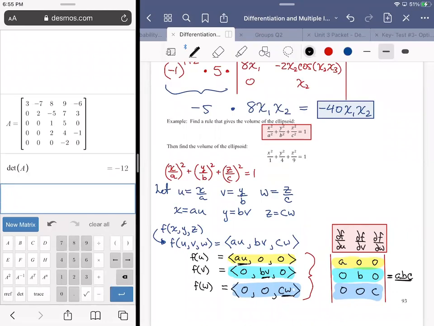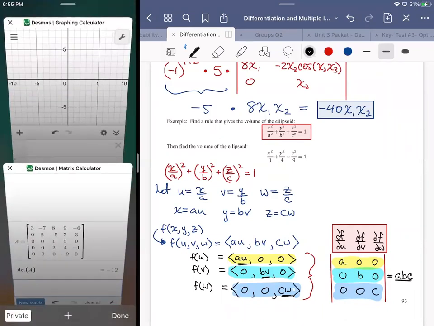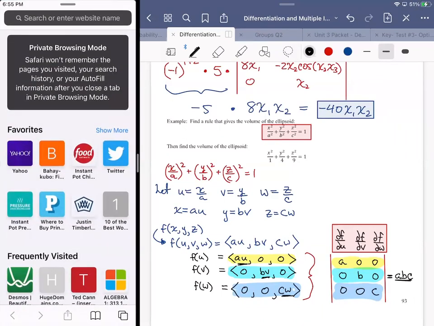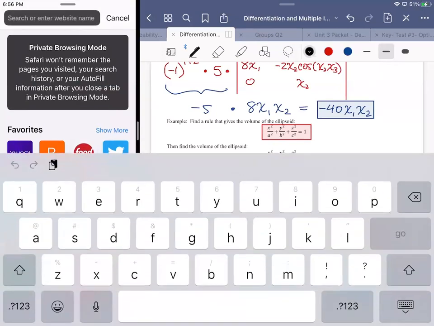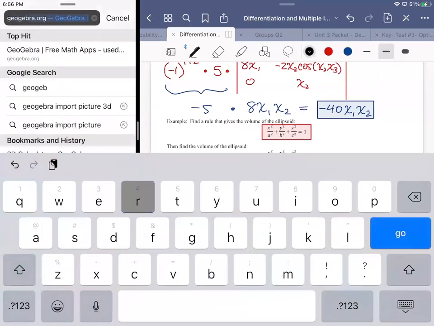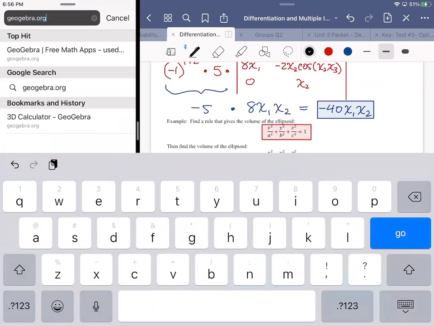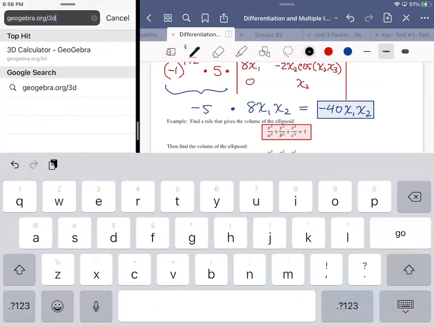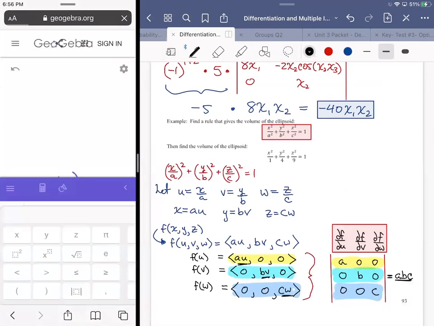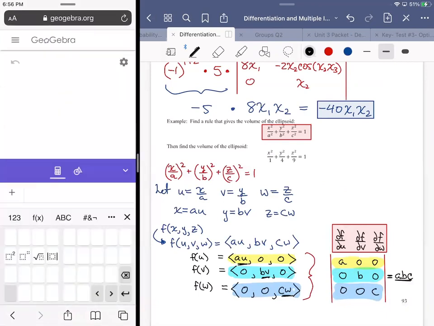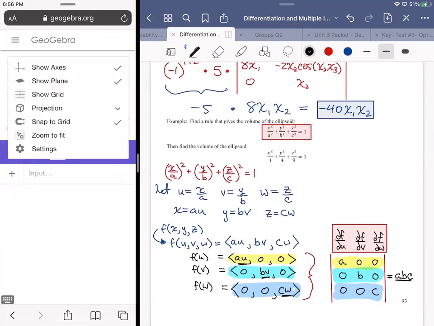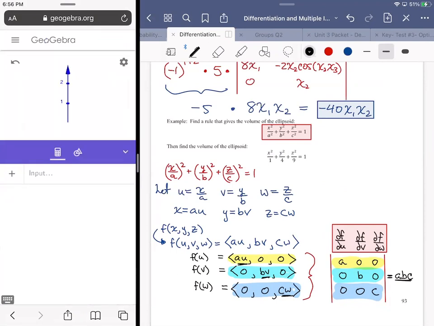Oh, you know what? I think it reset me anyway. So there's a plane. Hate the plane.